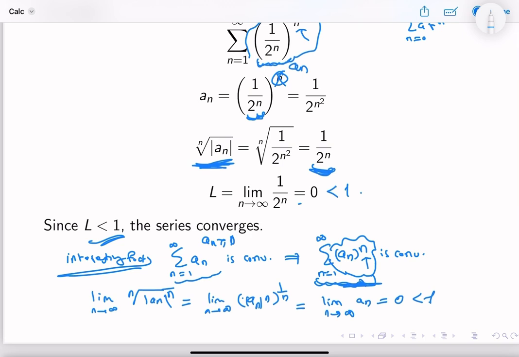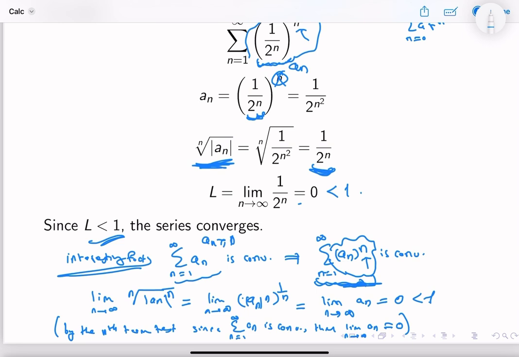So recall, by the nth term test, since the sum of a_n from n equals 1 to infinity is convergent, then the limit of a_n as n tends to infinity is 0. So this thing we know for sure. Whenever we have a convergent series, the summand of it must go to 0 as n goes to infinity.